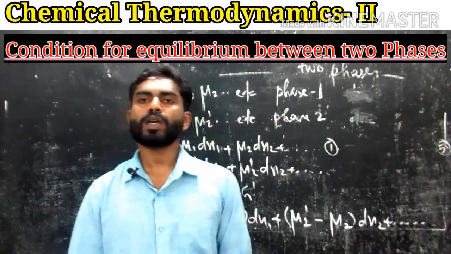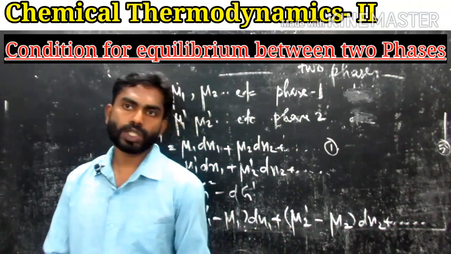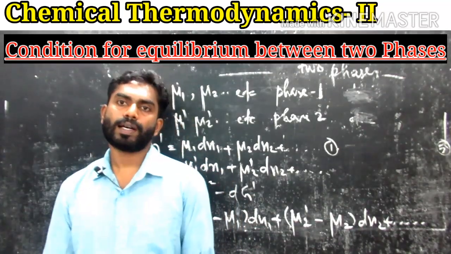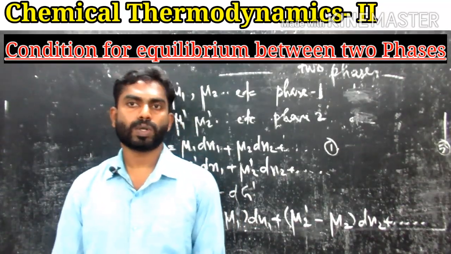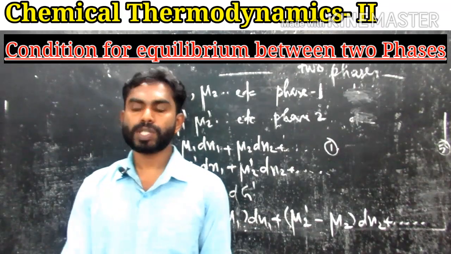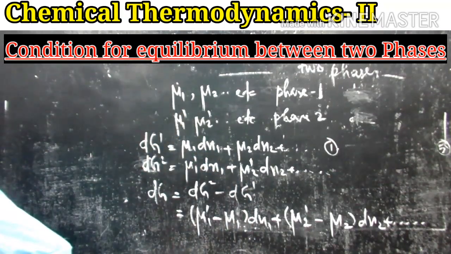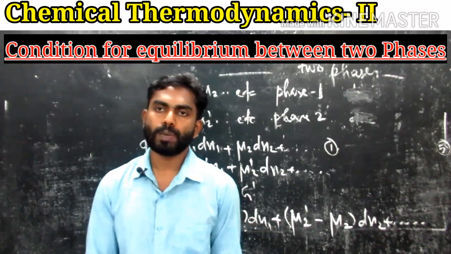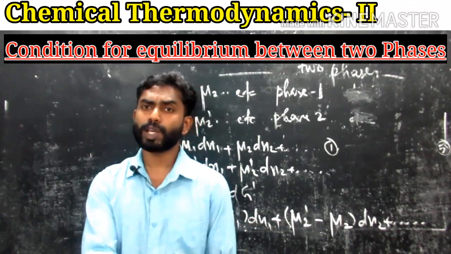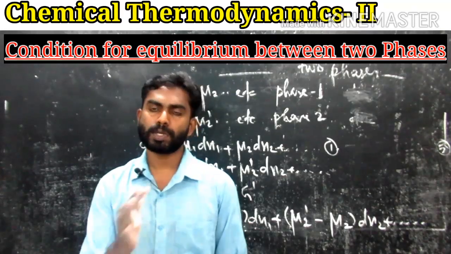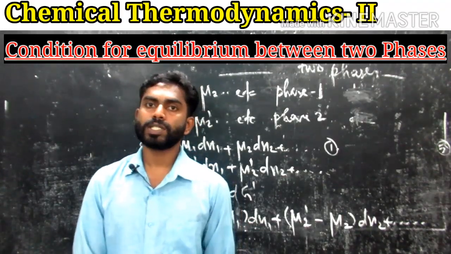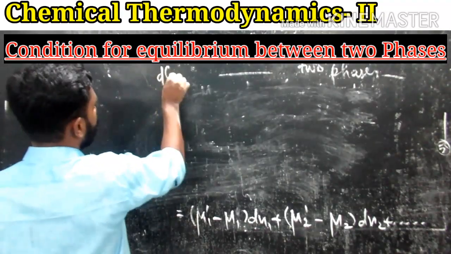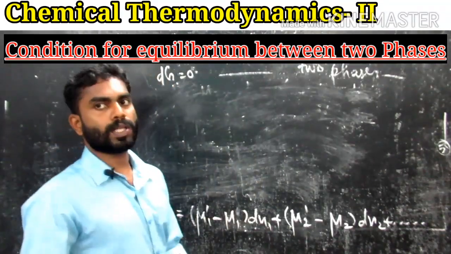Okay, for equilibrium to exist between the phases at constant temperature and pressure, we know that dG is equal to 0.